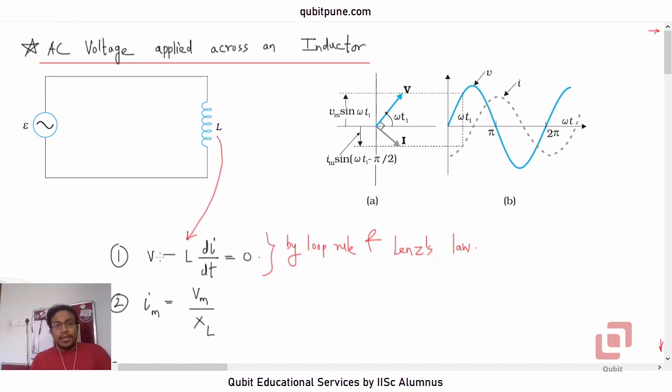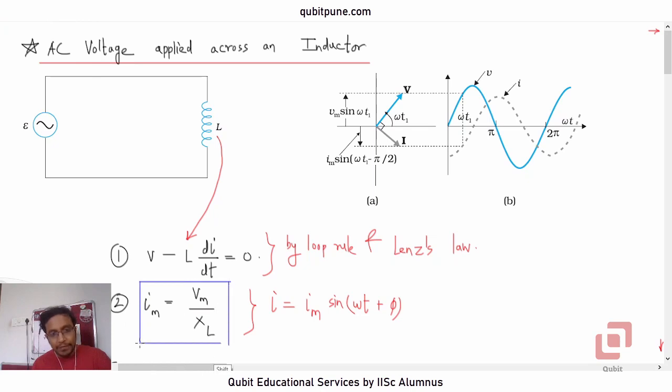Correct? Now what we do is we assume that the current is Im sine (omega t plus phi). We now substitute this function here, and then we solve the differential equation, which is a simple integral. We also mention that the constant of integration is 0 for obvious reasons, and then if you do that, you can get the value of the amplitude of the current in terms of three quantities.